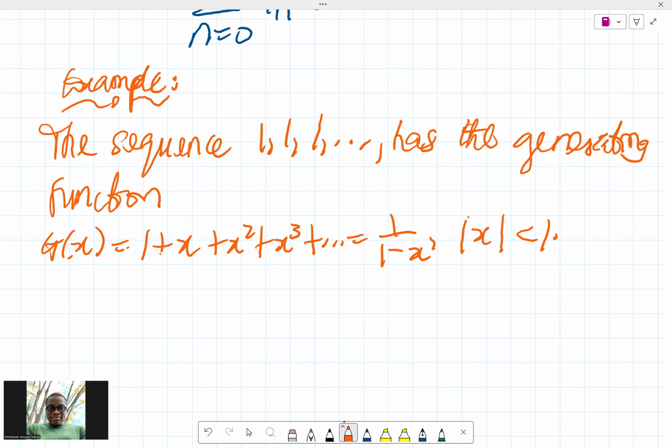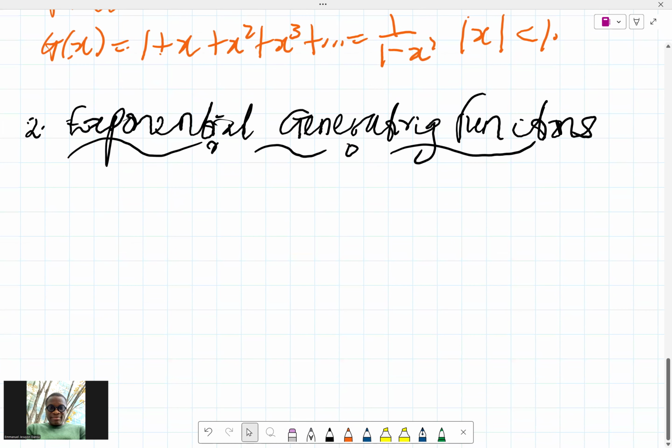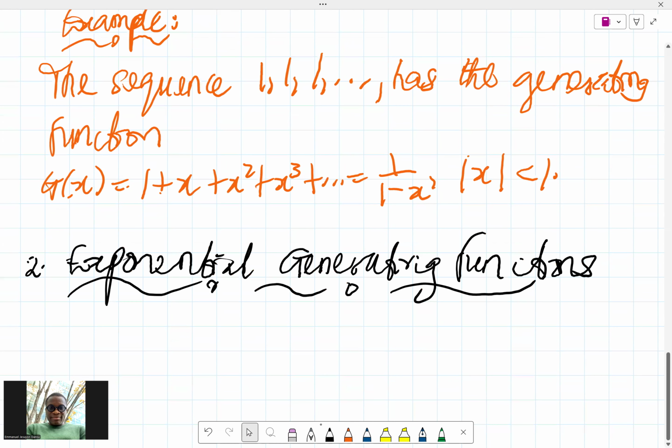Then we also have exponential generating functions. Those are EGFs.